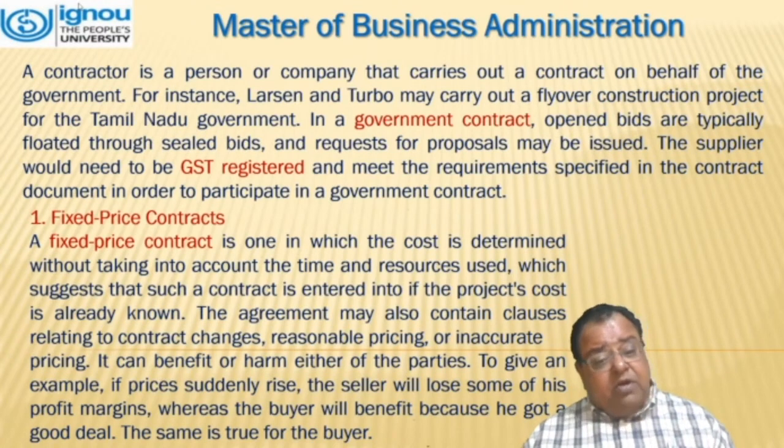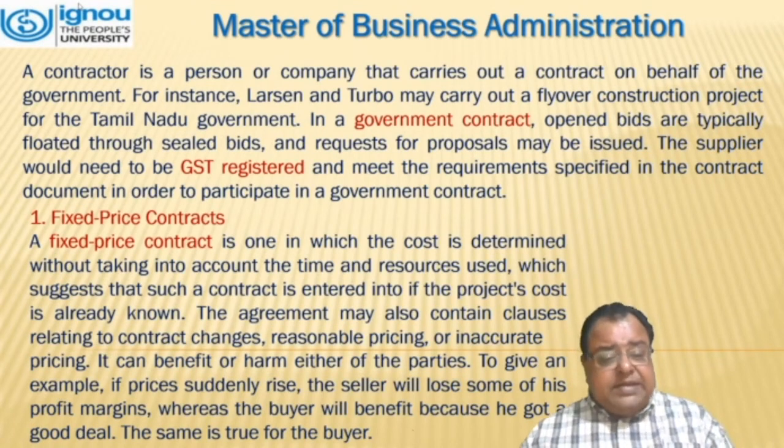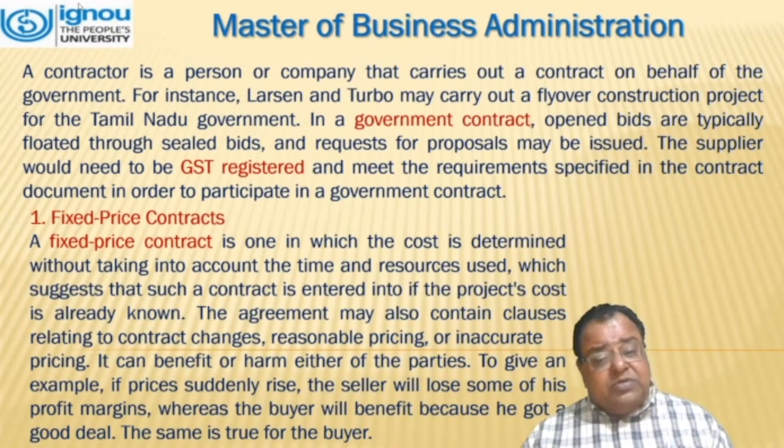It can benefit or harm either of the parties. To give an example, if the prices suddenly rise, the seller will lose some of his profit margin, whereas the buyer will benefit because he got a good deal. The same is true for the buyer also.